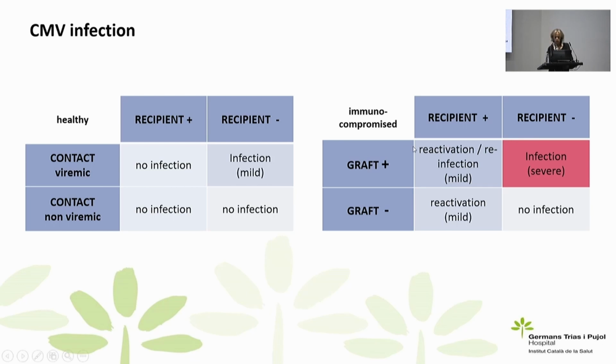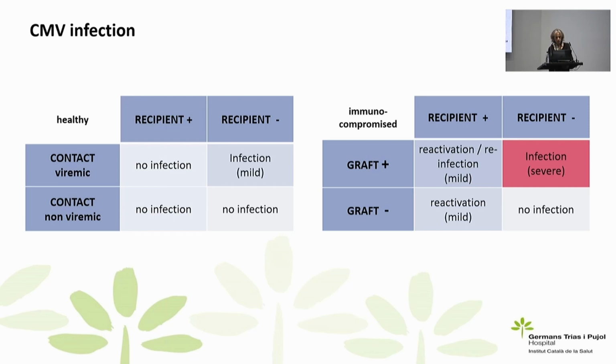But if we move to the next table, the one on the right side, that is the setting of the immunocompromised patient, you can see that if the recipient of the organ is negative and receives an organ from a positive donor, the infection will be severe.